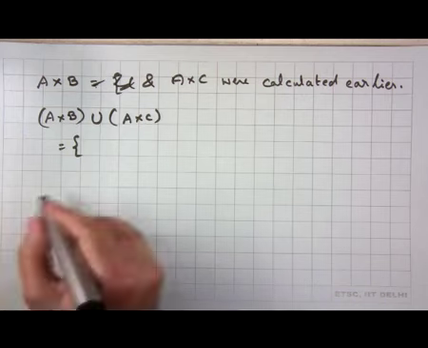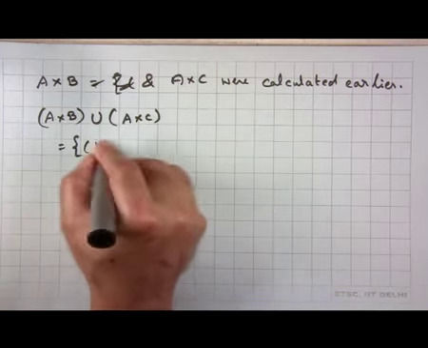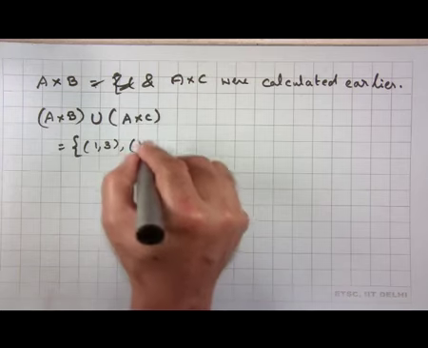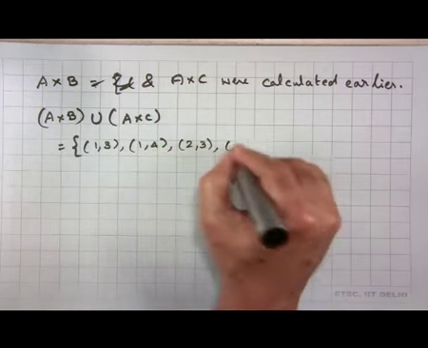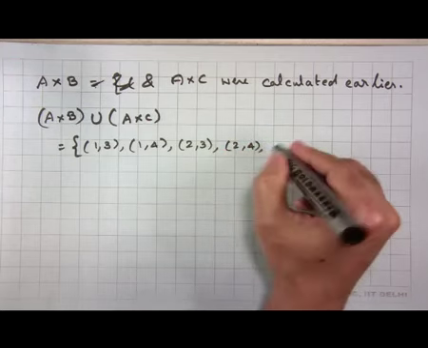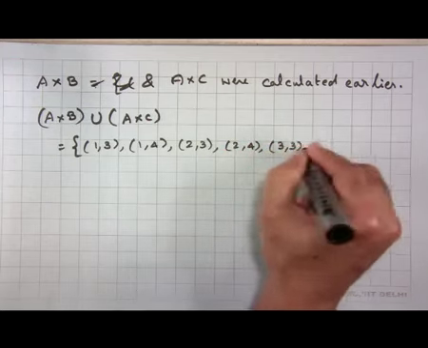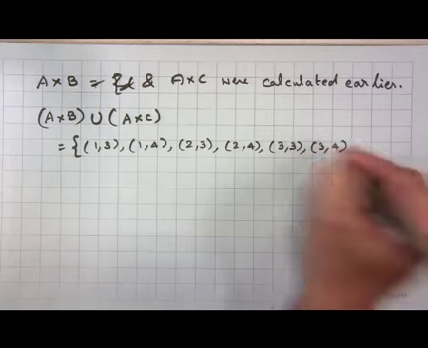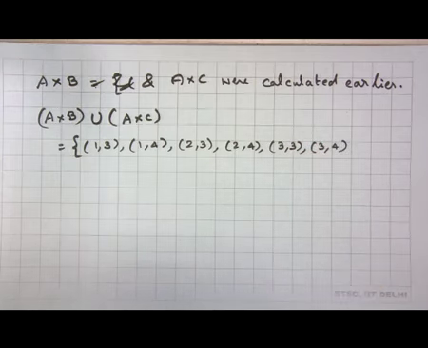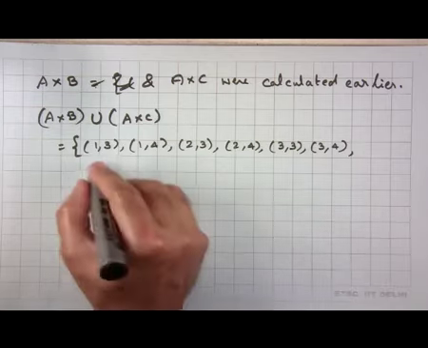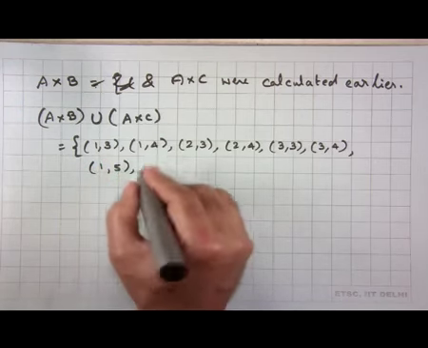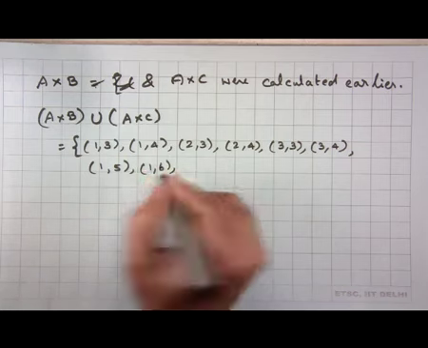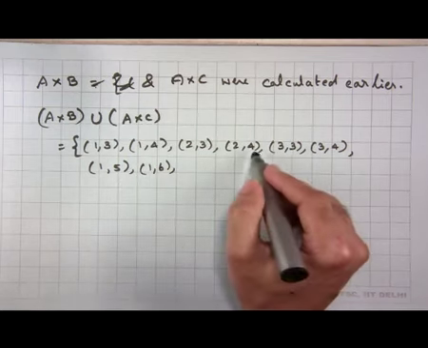A cross B consists of (1, 3), (1, 4), (2, 3), (2, 4), (3, 3), (3, 4), while A cross C, the other one, consisted of (1, 4), which we have already written, the other ones (1, 5), (1, 6), and then the next one is (2, 4), which we have already written.